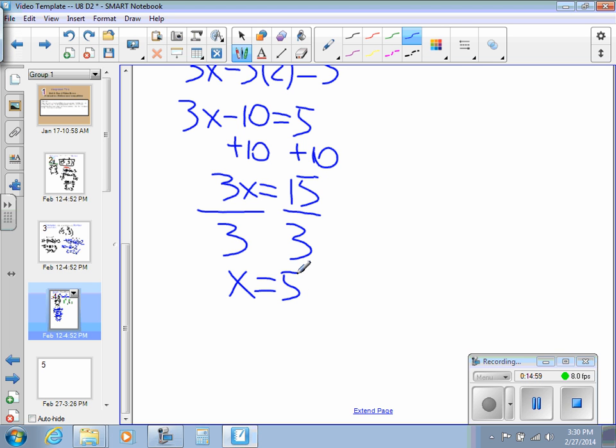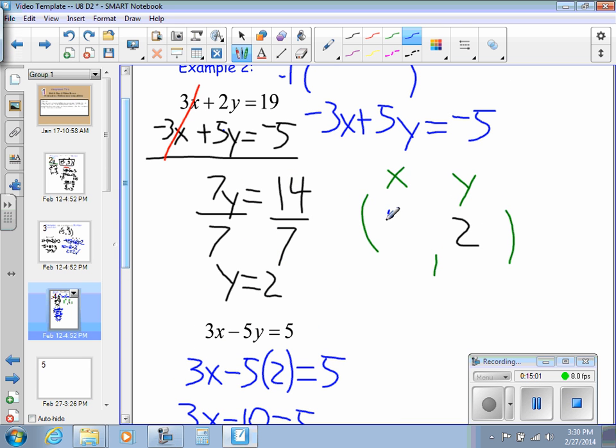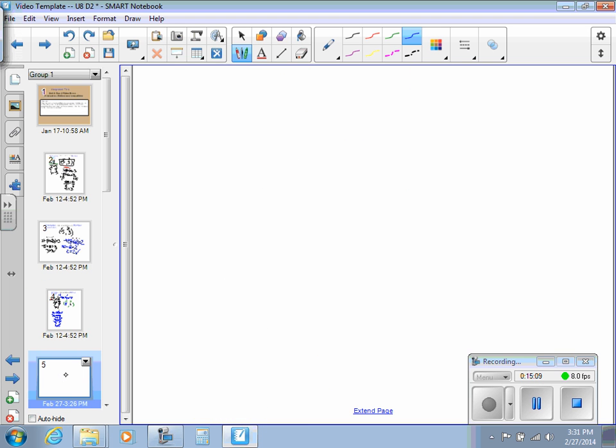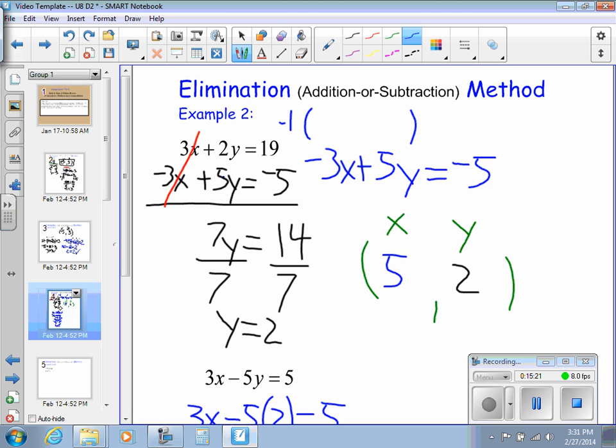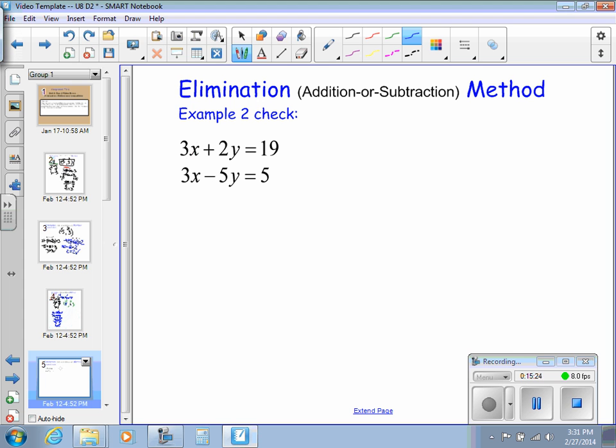So now we need to go back up here and put in our x coordinate of 5. Okay, so we have 5 comma 2. Let's take it over to the next page. Whoops. That page shouldn't be there. And it was 5 comma 2, correct? Yes, 5 comma 2.